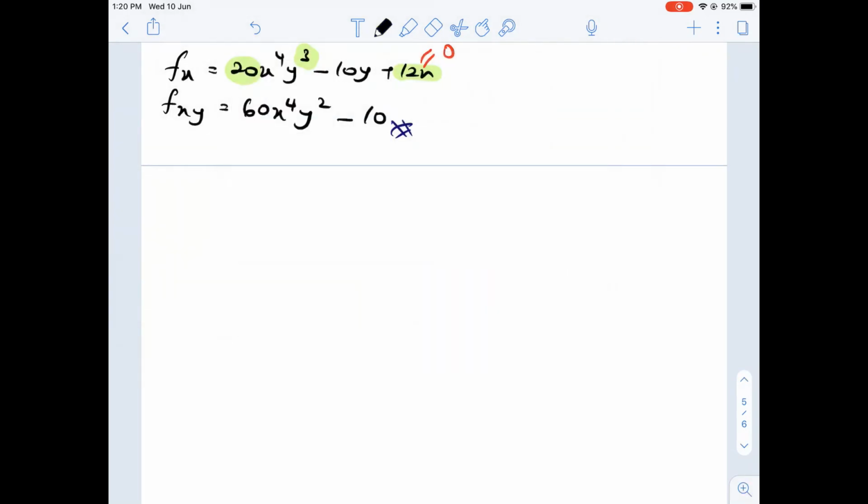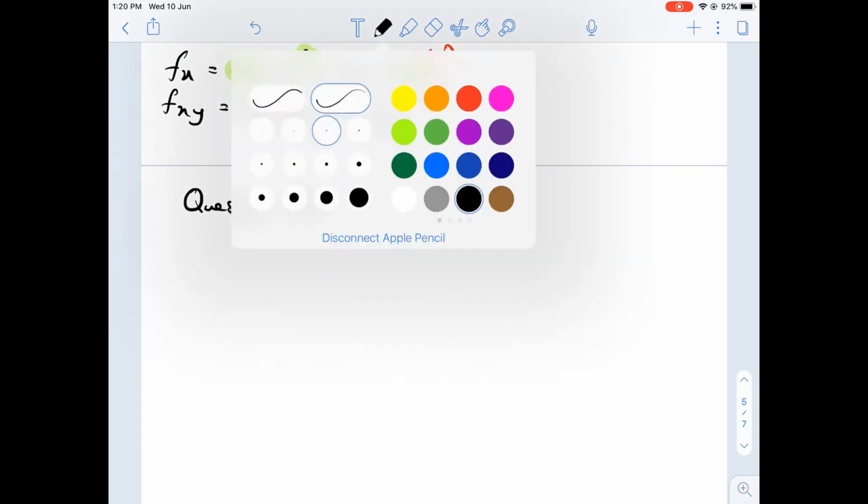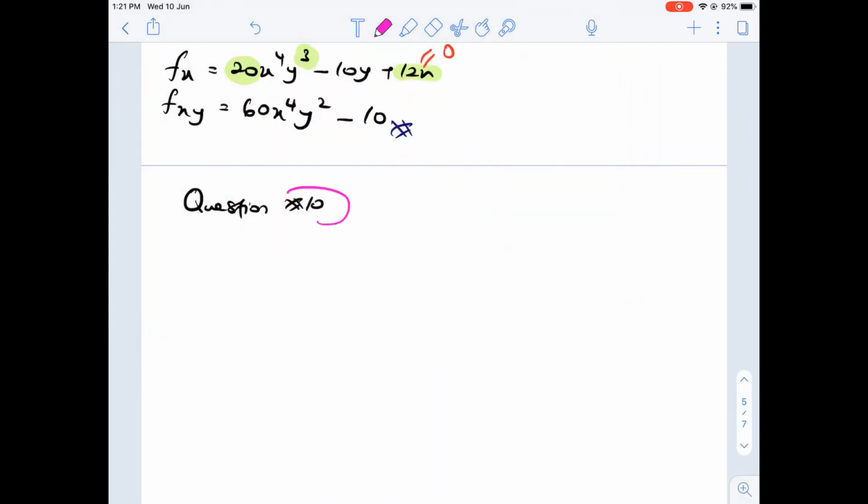Next, question number 10. We need to find the slope now, given that f(x,y) equals the square root of 8x plus 2y cubed.